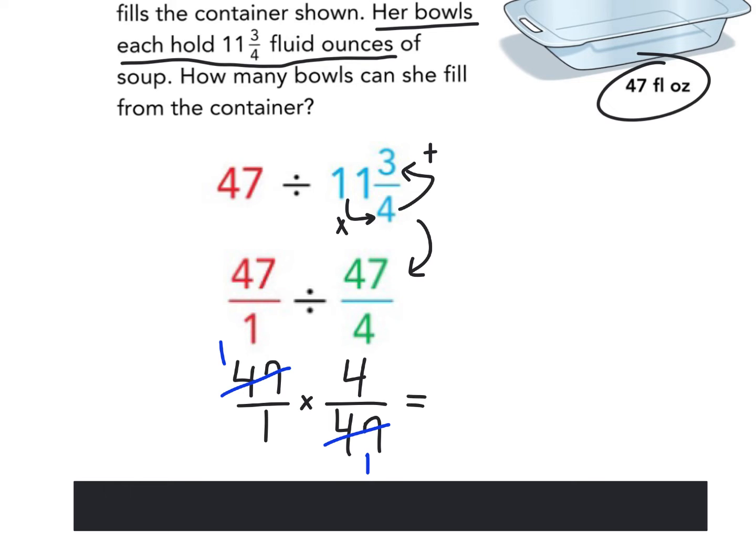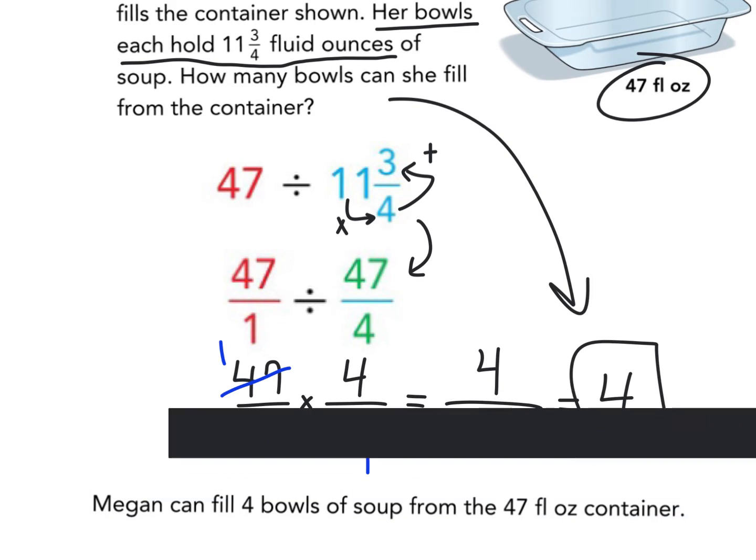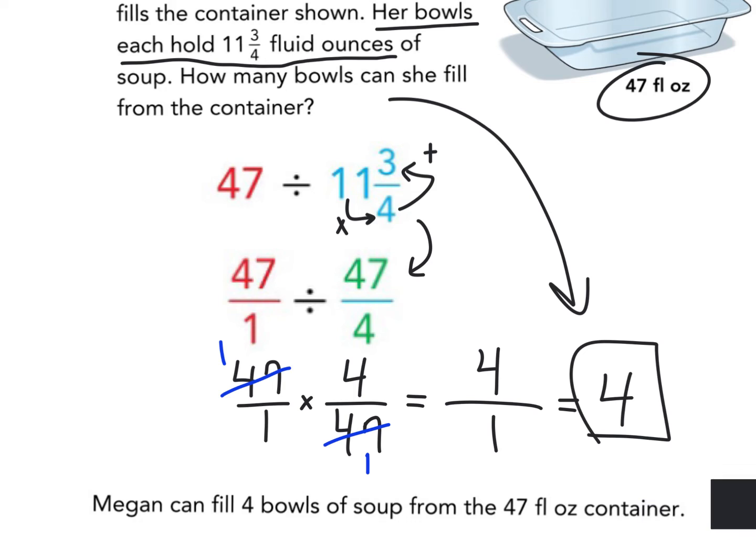You don't have to do this, but it's going to make things a little easier for you here. 1 times 4 is 4. 1 times 1 is 1. And then 4 divided by 1 is 4, which means she could fill 8 bowls of soup from this container.